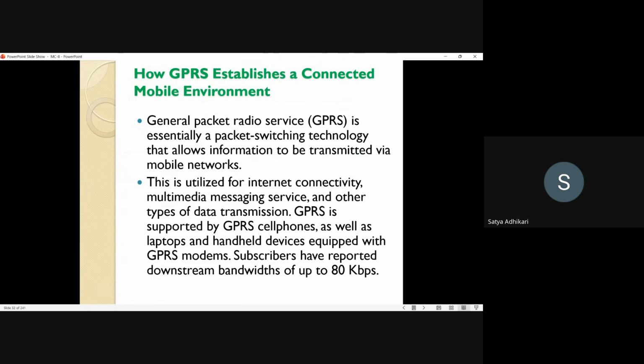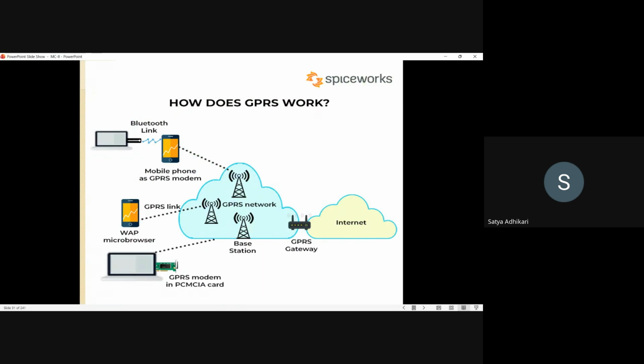GPRS is supported by GPRS cell phones. So a cell phone having GPRS network enabled, as well as laptops and any handheld device equipped with a GPRS modem. You see in the previous picture there is a GPRS modem.